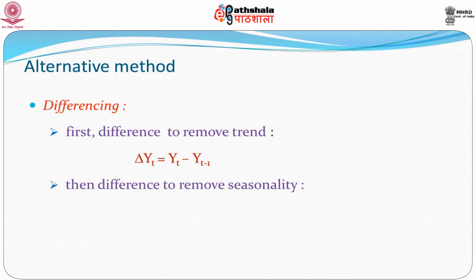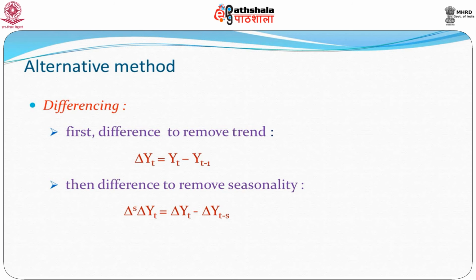And if you have higher degree trends, then you can remove it by higher degree differencing. Let's keep this simple for the timing. Let's look at the first difference and we remove the trend, and then we can remove the seasonality by appropriately taking a difference. In this case, a difference of order s, which is the order of the season.